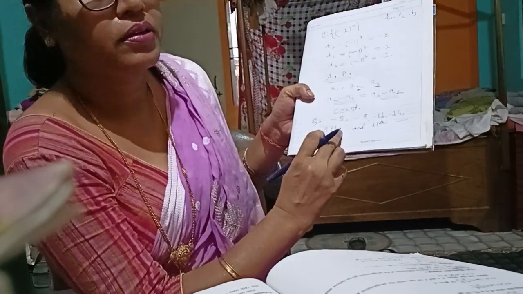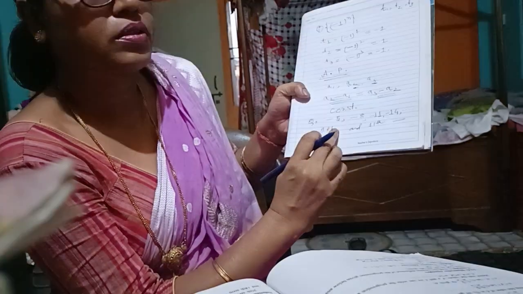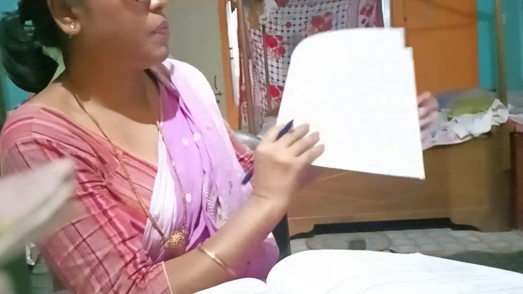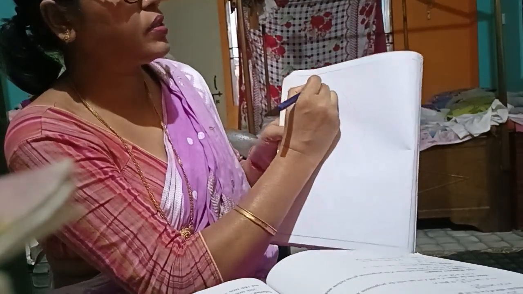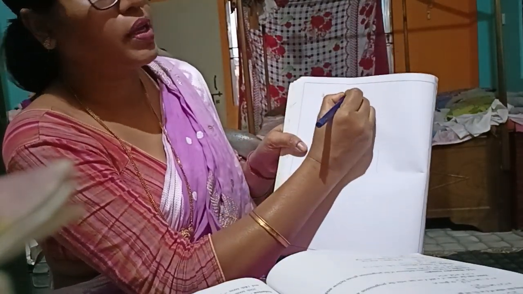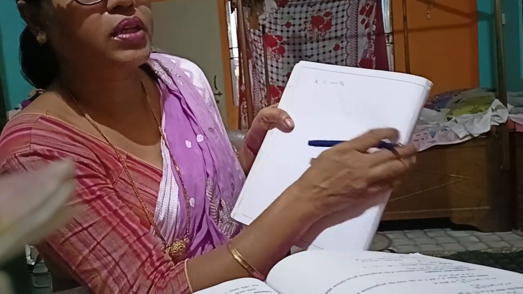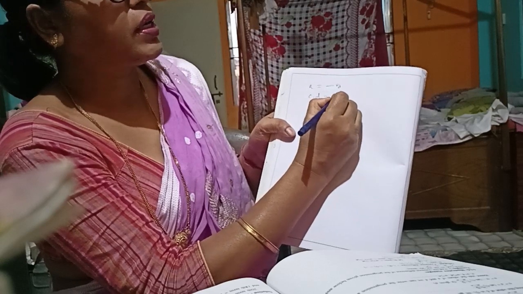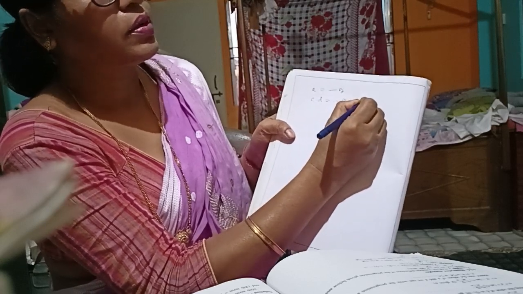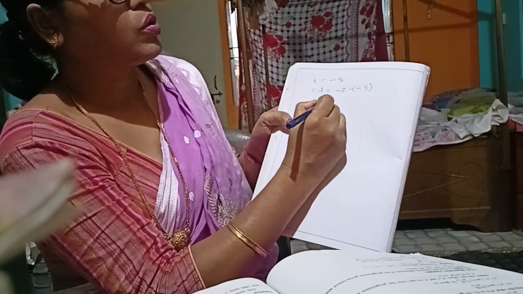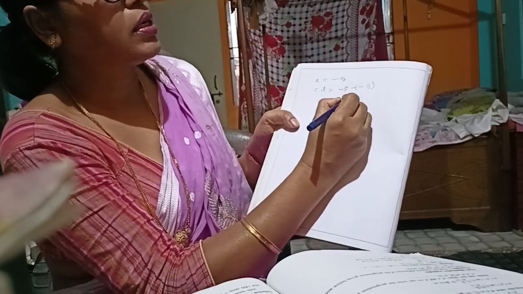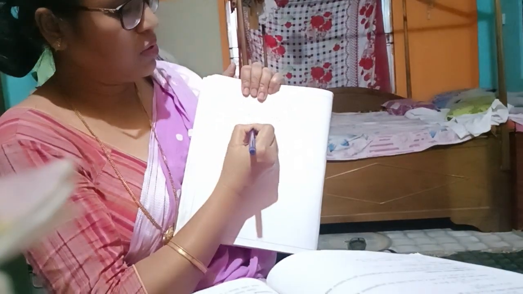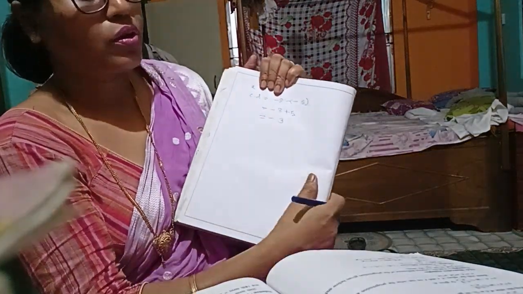What is the first term? Minus 5. Here the first term A is equal to minus 5. And what is the common difference? CD is equal to minus 8 minus (minus 5). So minus 8 plus 5 is equal to minus 3.